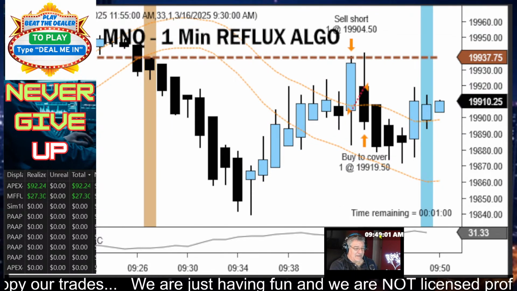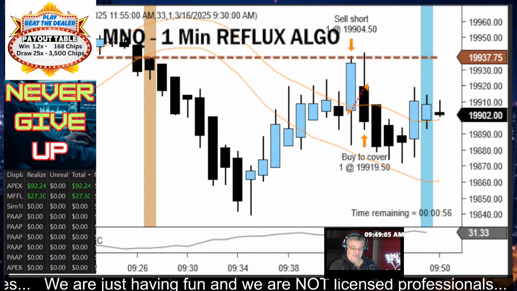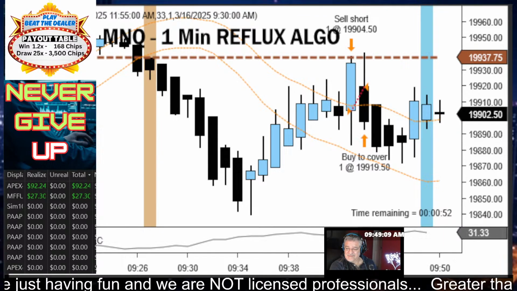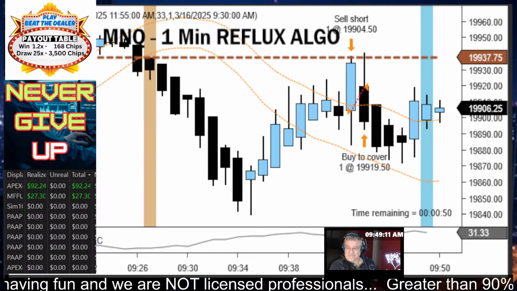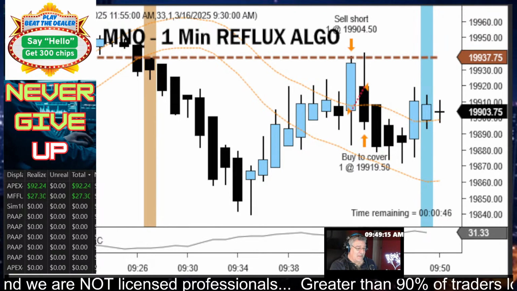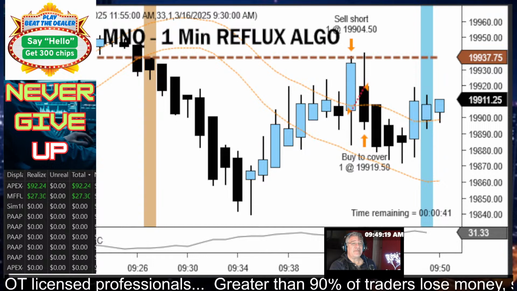We're going to get another long. Do I take it? I'll take it for a 2-lot because we're up into VWAP. But that's a reason not to take a trade, and I've been saying that I won't take a trade into VWAP. We have an inside bar there also.